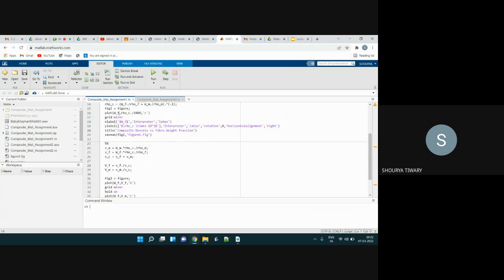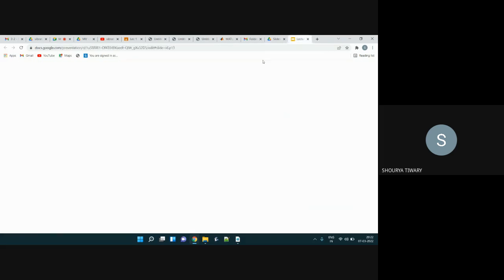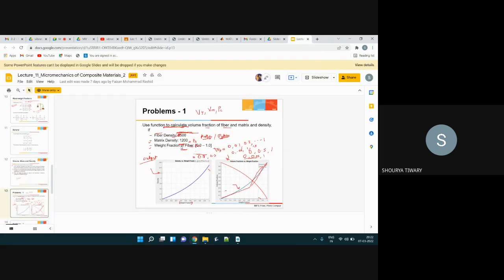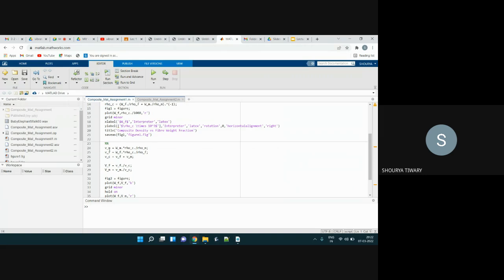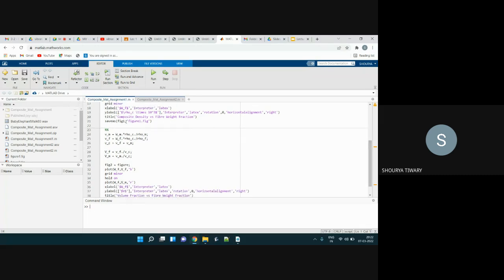After that, I plotted rho c by 1000 against the weight fraction on the x-axis, as you have plotted, with values 1.2, 1.4, 1.6. The densities were 1200 and 2500, so I divided by 1000 here, and we plotted in red color. Then I labelled the x-axis and the y-axis.